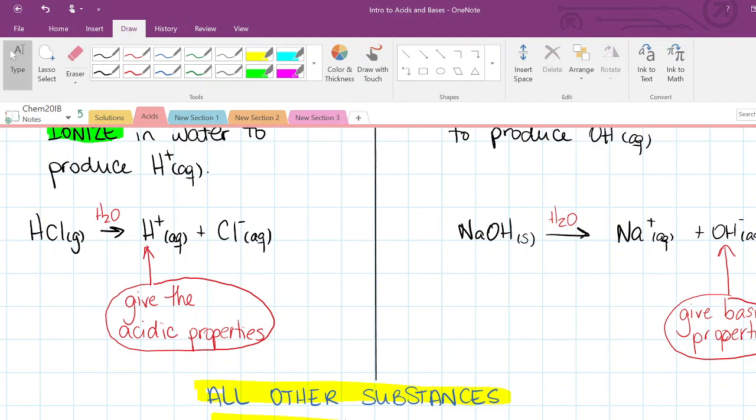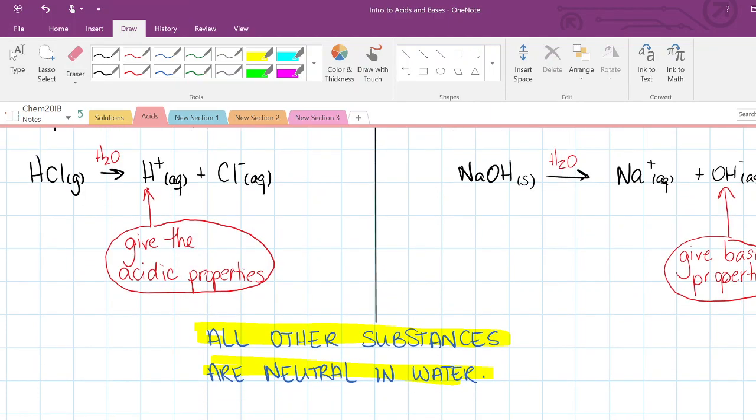It was that hydroxide ion that gave the solution its basic characteristics. It made it feel slippery. It gave it a pH greater than 7. According to Arrhenius's previous definition, all of our other substances were neutral in water.